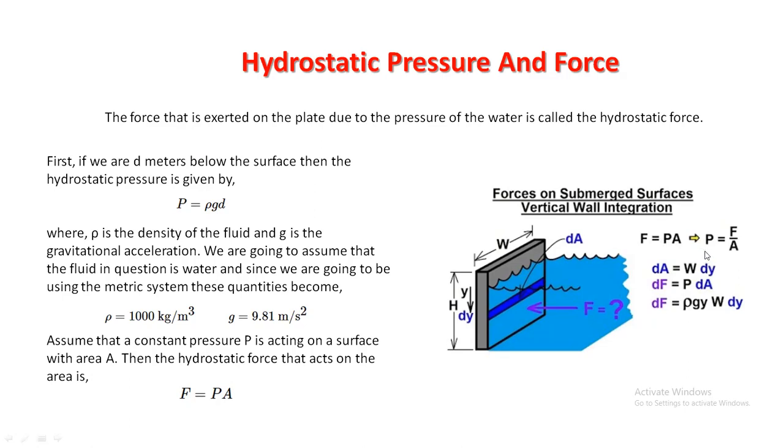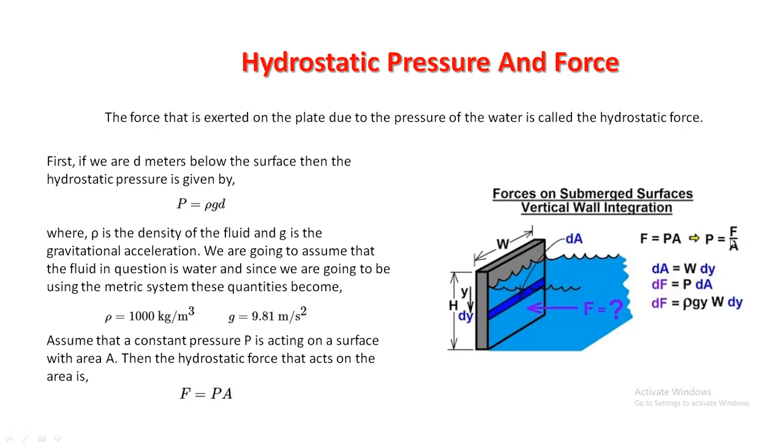The reason why pressure is changing is because the area is also changing. In this formula, the only thing that is constant is the force, because that's equivalent to the action of gravity. We have here in the formula for pressure the action of gravity on the body, rho g d.